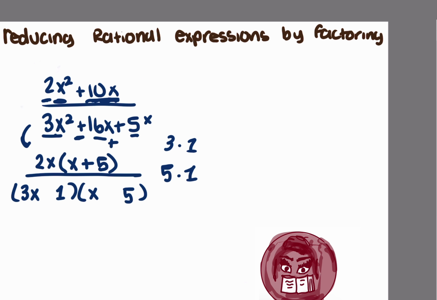And because these are both addition signs, we know that the sign will be consistently a plus, because if there was a negative, this would be a negative sign. But it's not. So we know that this is correct. Now we cancel the x plus 5, which leaves us with 2x over 3x plus 1. And that is correct.